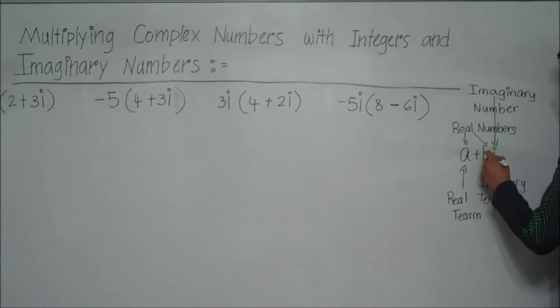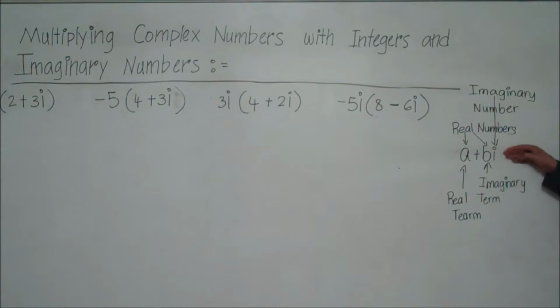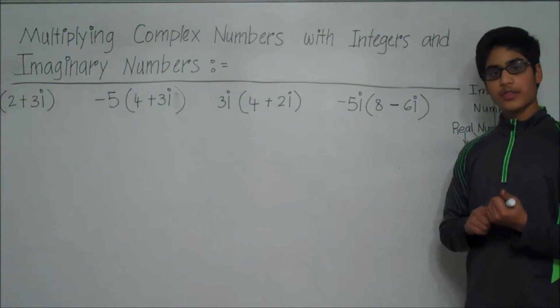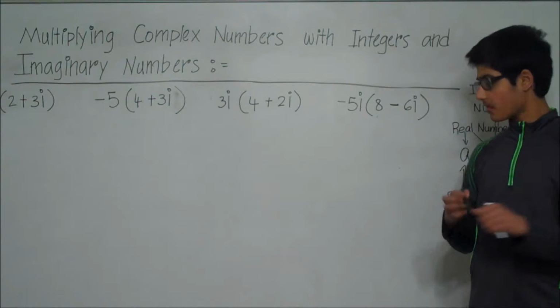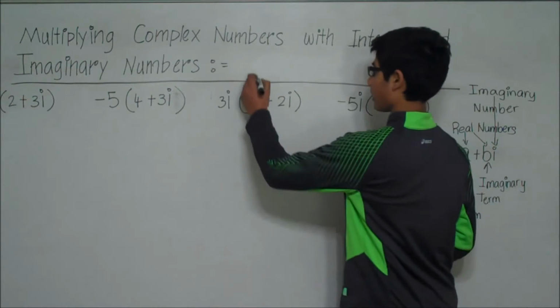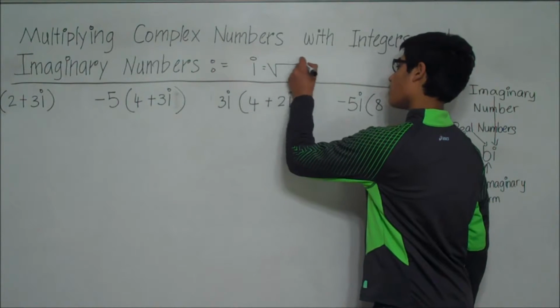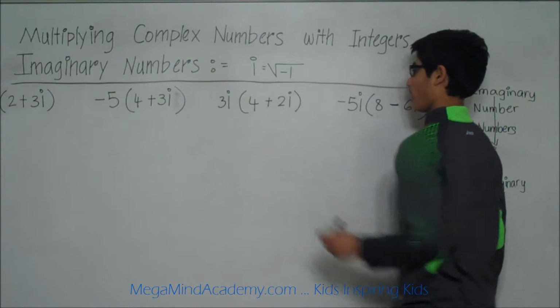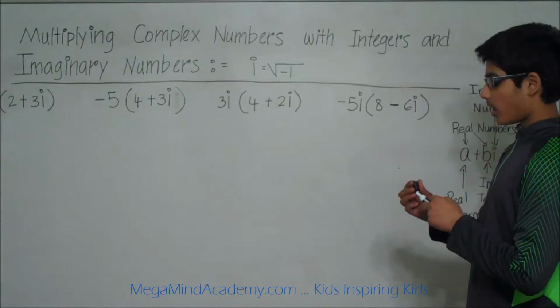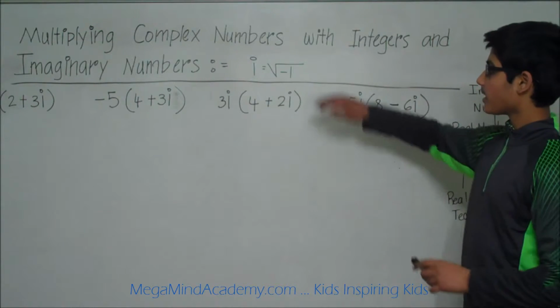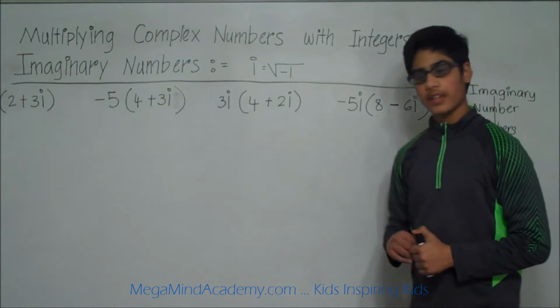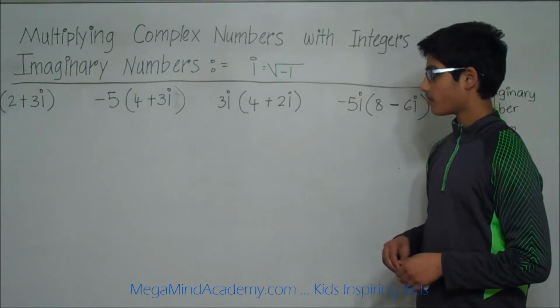So this term is the imaginary term, which is bi, and a is the real term. Now let's recap on what i is. i is the square root of -1. The reason it's called an imaginary number is because there is no square root of -1.